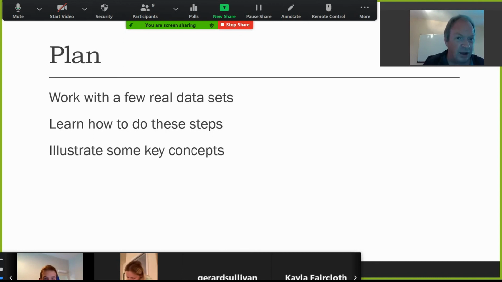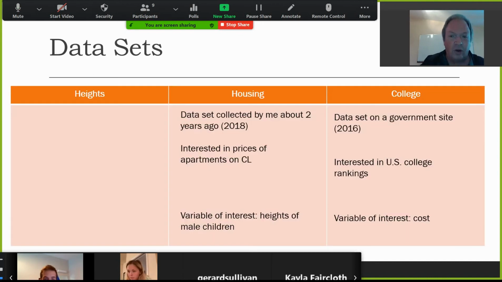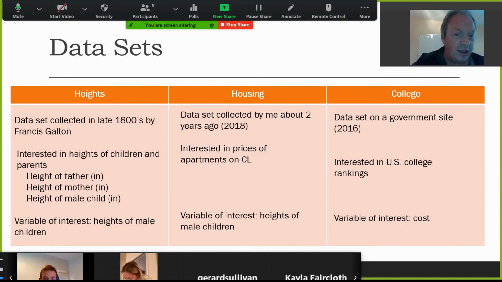It requires some practice. So the first data set we're going to look at is this data set called heights. And just really brief context, okay? This is a famous data set. It's very large for its time, collected way back in the 1800s. This individual was interested in what we would now kind of call eugenics.